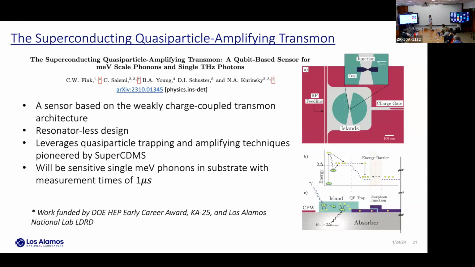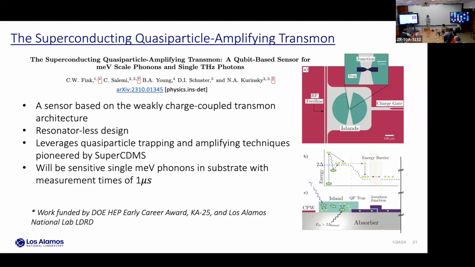And so me and colleagues at Stanford and SLAC and Santa Clara University just put out, I guess two months ago, a design paper on something called the superconducting quasi-particle amplifying transmon, which is a type of qubit, or the SQUAT. This is based on, like I said, the geometry or the architecture of a transmon, except we've removed the readout resonator.